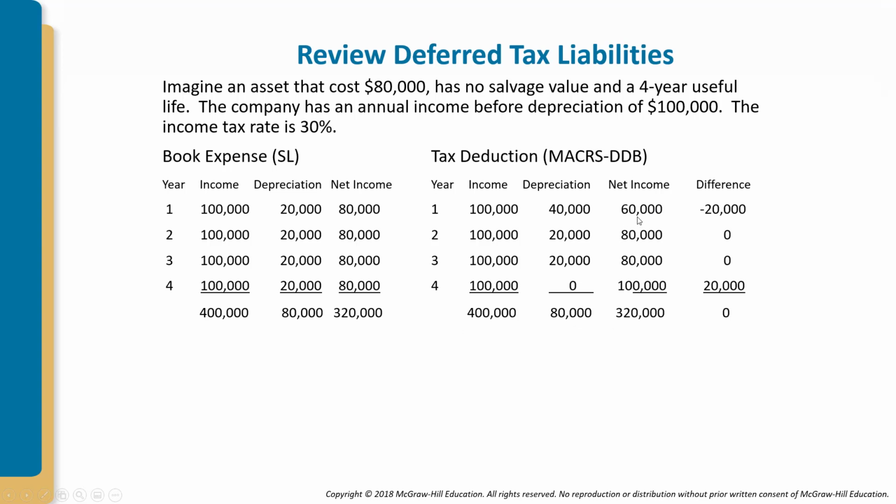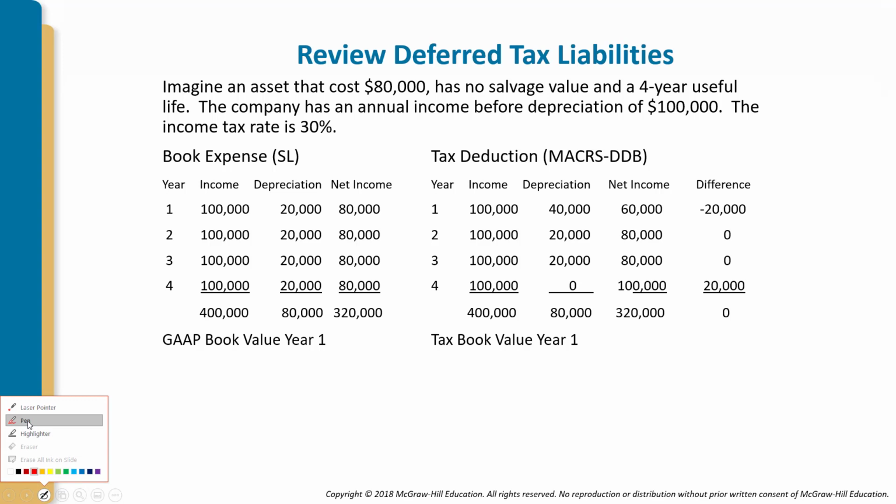So in a way, from the standpoint of GAAP, in year one, we owe tax on $20,000, okay? That's tax that we're going to pay later. In the end, we're going to pay tax on the same amount that we are making for generally accepted accounting purposes, but the when is that we have this $20,000 that we're not paying income on in year one because it's accelerated.